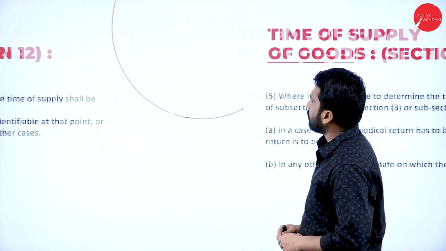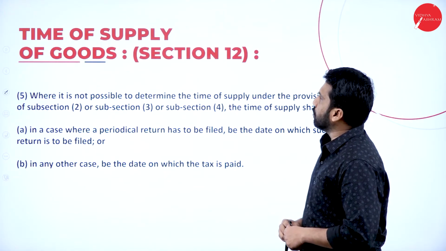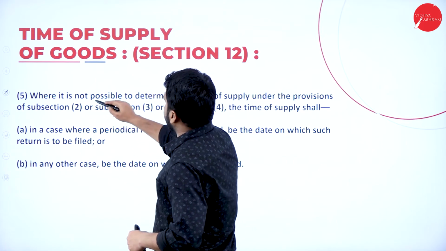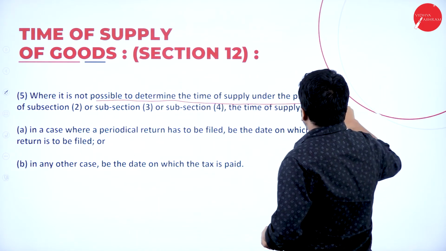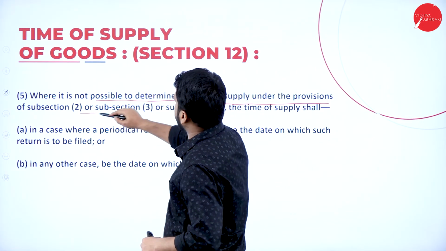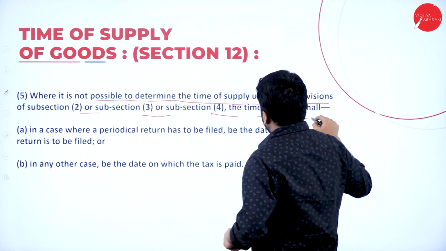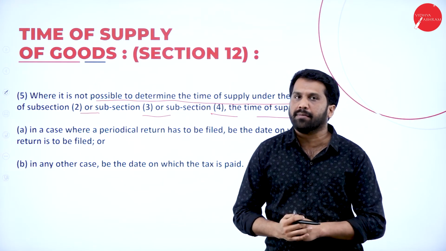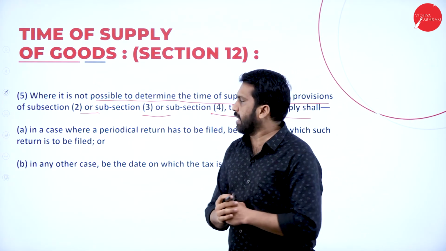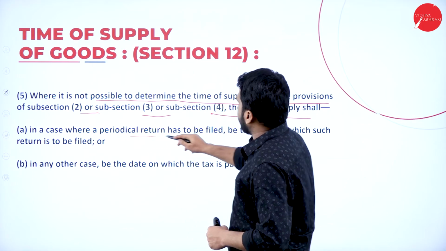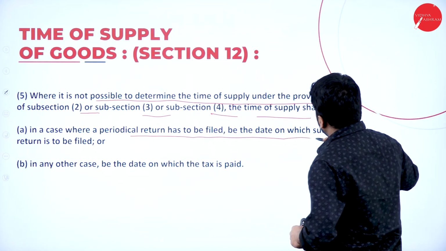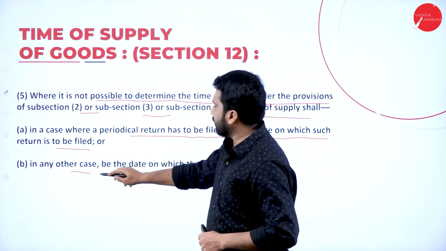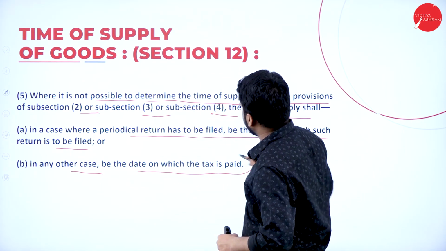Next, the time of supply of goods under section 12, the fifth point. Where it is not possible to determine the time of supply under the provisions of subsections 2, 3 and 4. Sometimes you are not able to find out the time of supply. In those cases, where a periodical return has to be filed, it is the date on which such return is to be filed, or in any other case, the date on which the tax is paid.